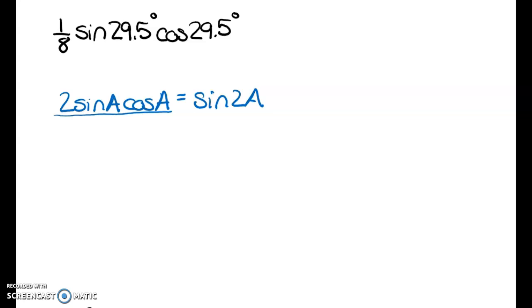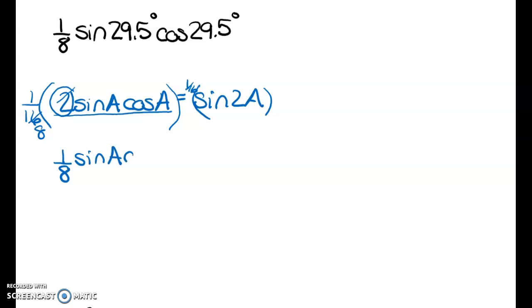Well, how can I turn this 2 here into a 1/8? Well, if I multiply by 1 over 16 both sides, the 2 and the 16 reduce to an eighth, so I get 1/8 sine of A cosine of A equals 1/16 sine of 2A. All right, so I have a brand new identity.